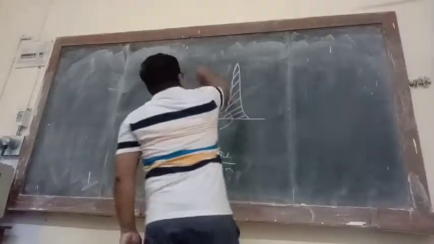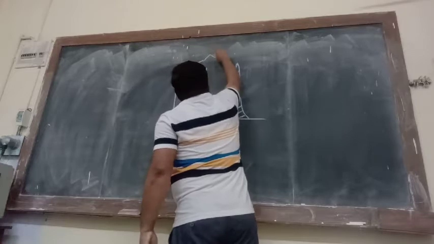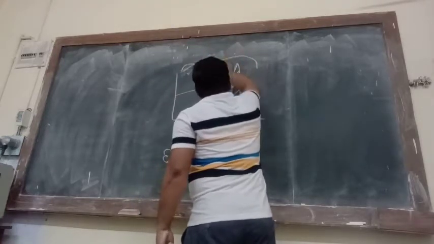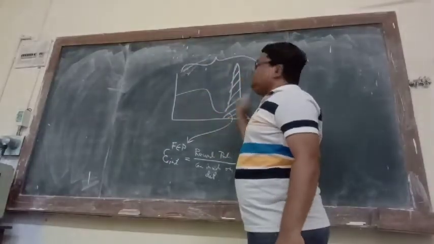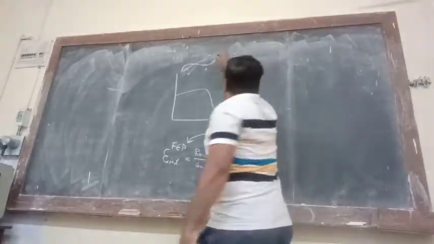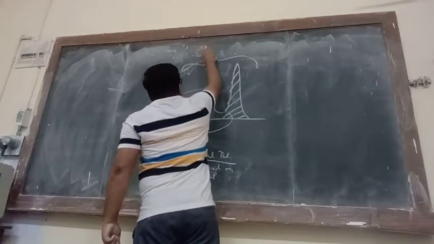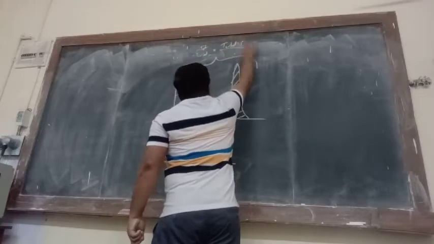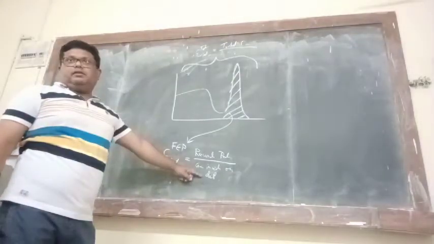Yet there is another possibility, and that is if I observe the entire counts, all the counts, total counts. So this is the total intrinsic efficiency, total counts divided by the gamma rays incident on the detector.